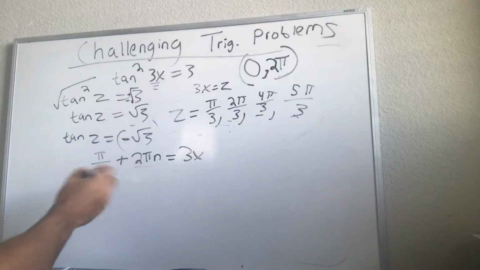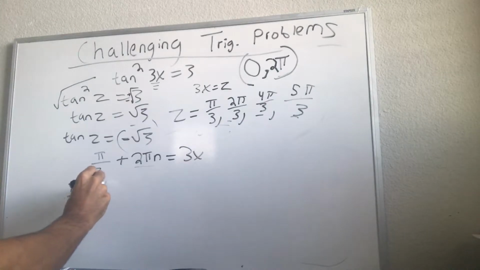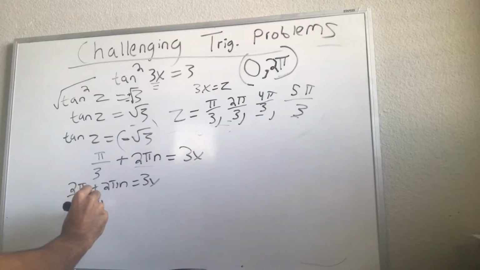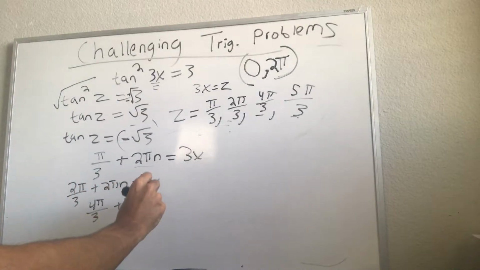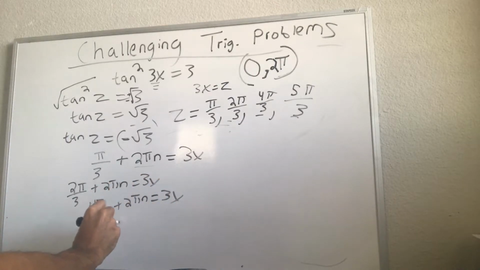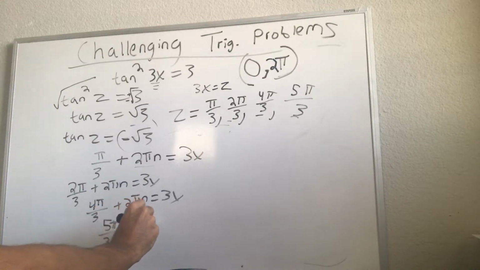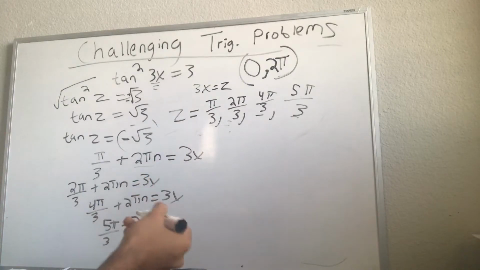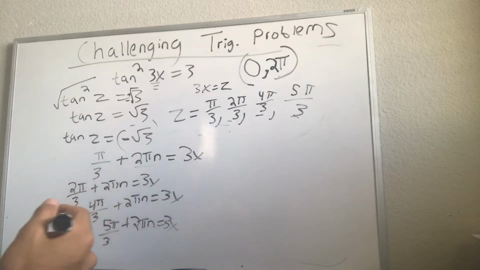Again, it's the same idea, and we would do 2 pi over 3 plus 2 pi n is equal to 3x, and so on with the other ones: 4 pi over 3 plus 2 pi n is equal to 3x, and the last one would be 5 pi over 3 plus 2 pi n is equal to 3x. Now we end up dividing all of these equations by 3 to isolate x.